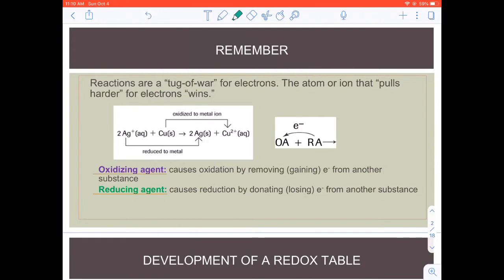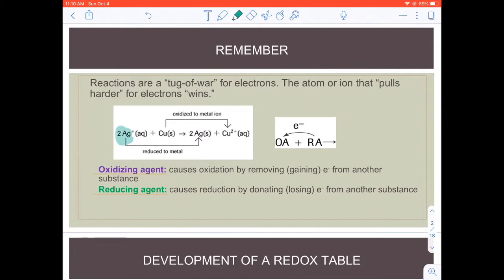So we have to remember the term oxidizing agent and reducing agent, but remember how they are related to being oxidized and being reduced. An oxidizing agent is itself undergoing reduction. An oxidizing agent causes oxidation by removing electrons from something else. Because it's removing the electrons from something else, it is gaining the electrons and becoming more negative, or becoming reduced.